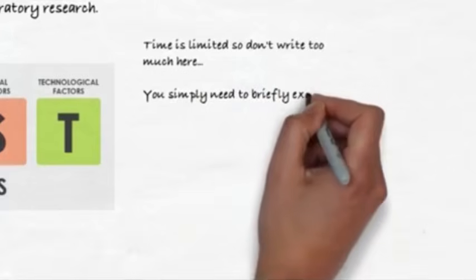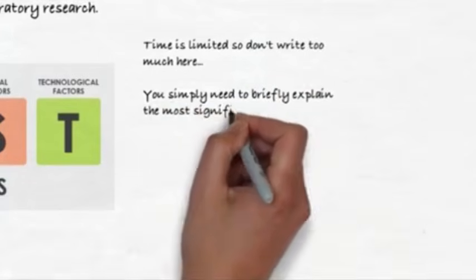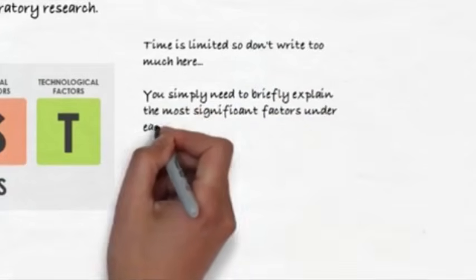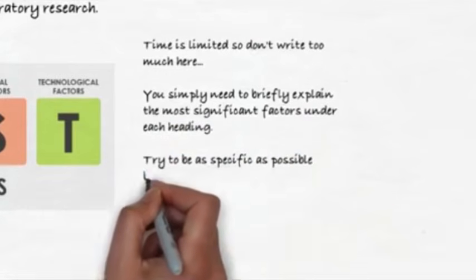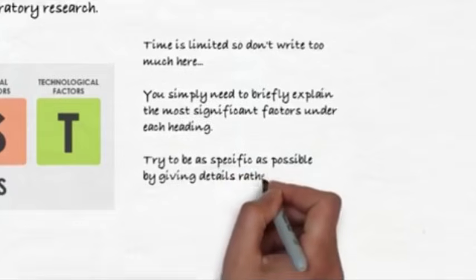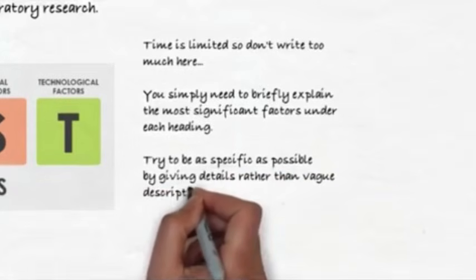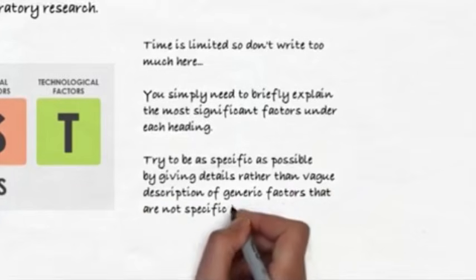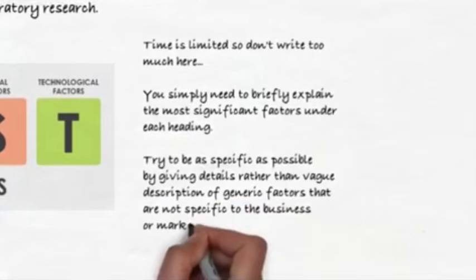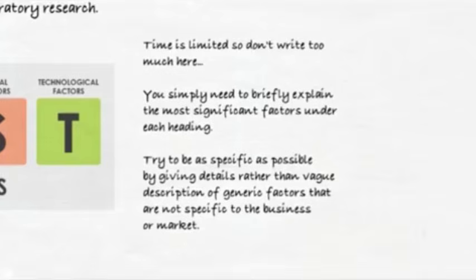This will come later. You simply need to briefly explain the most significant factors under each heading. Try to be as specific as possible by giving details rather than vague descriptions of general factors. For example, instead of explaining political decisions as a political factor, pick out a specific example of a political decision which is significant to the market.